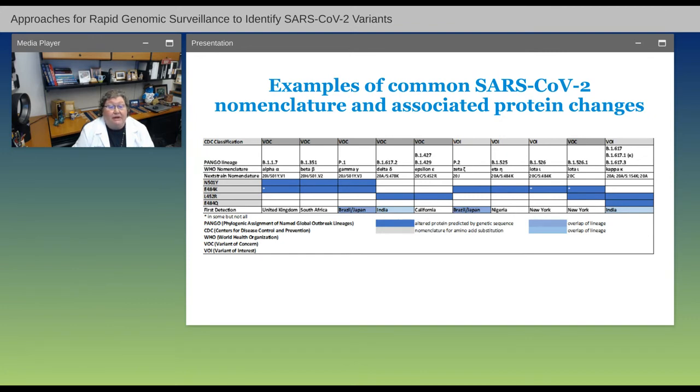So here you have the WHO nomenclature, which is the Greek; the Nextstrain nomenclature, which is the amino acids; and the Pango lineage, which is commonly used to identify those strains. This will give you a little bit of help when you're trying to sort out which variants they're talking about. It's a little complicated because there's more than one name for each of these.